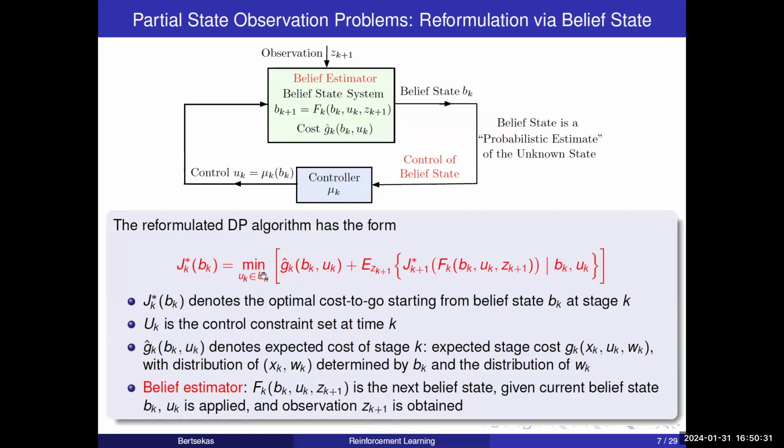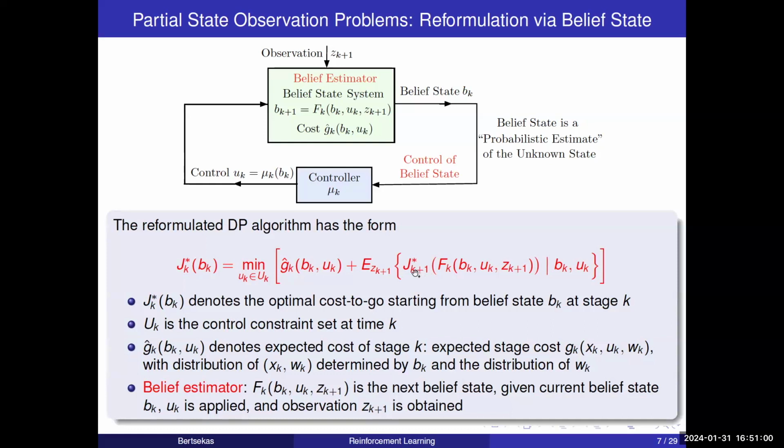On the other hand, difficult as this dynamic programming algorithm is, it can serve as a starting point for approximations, for reinforcement learning. That's the starting point for reinforcement learning to come into play by using, for example, approximation in value space, where you replace J star K plus 1 with J tilde K plus 1. How do you get this J tilde?